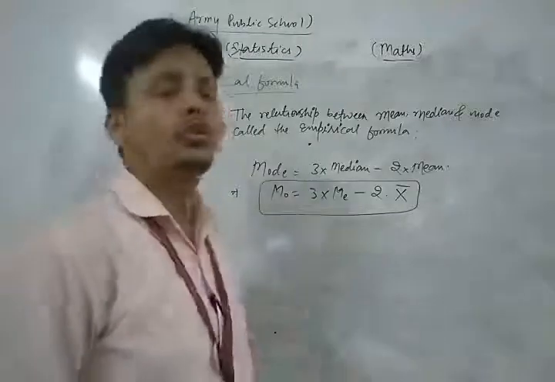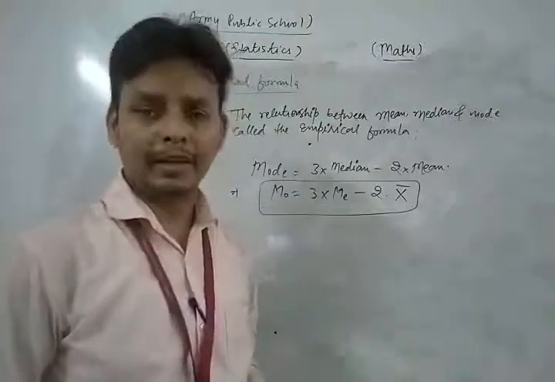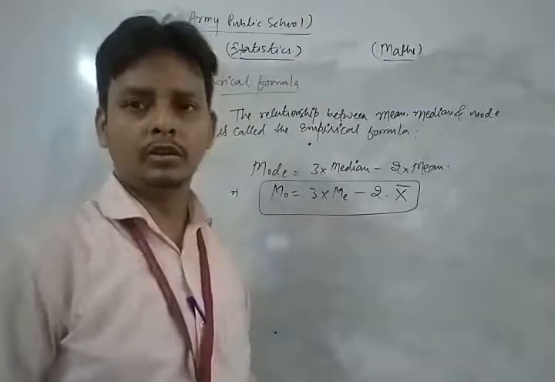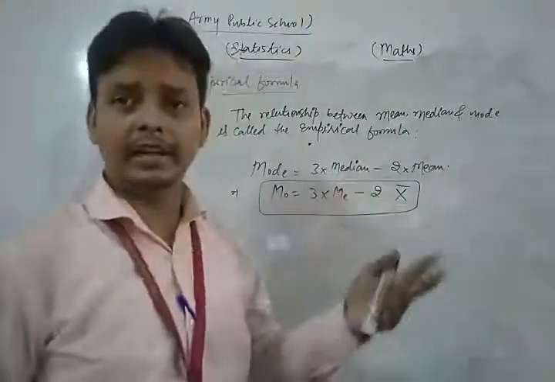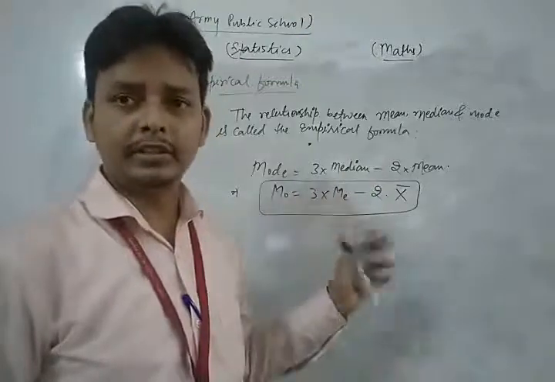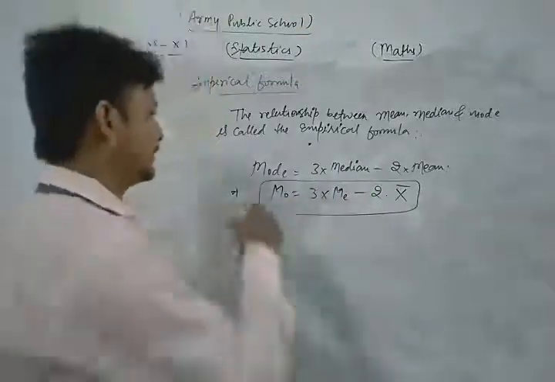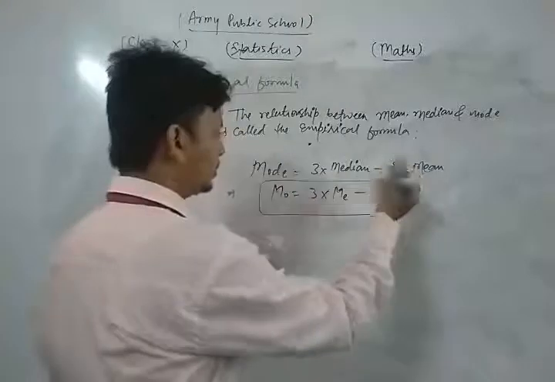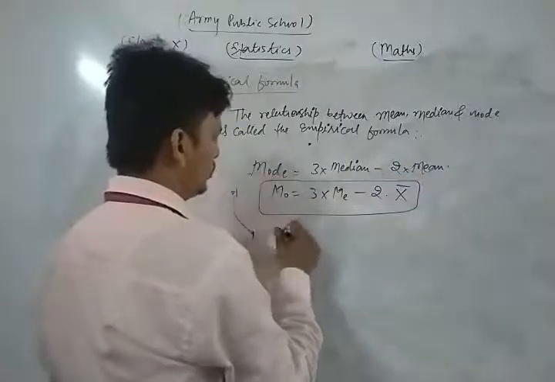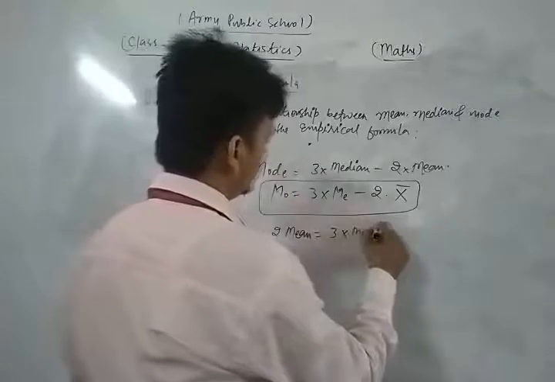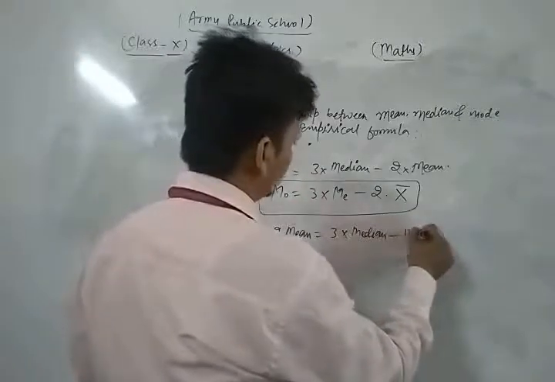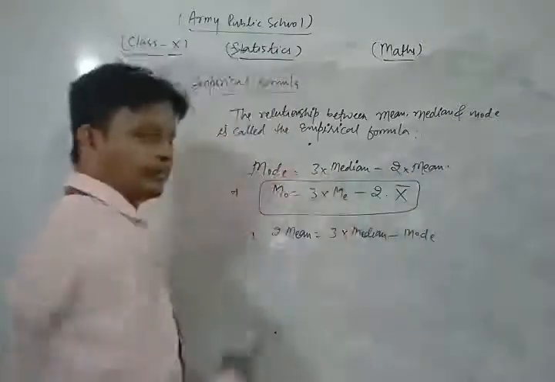If you get two of the values, among mean, median and mode, using this relation you can also find the third. Suppose you get the mode and median and you want to find the mean. So 2 into mean is equal to 3 into median minus mode. You transfer that side, we interchange.